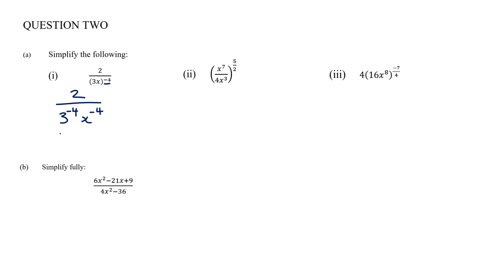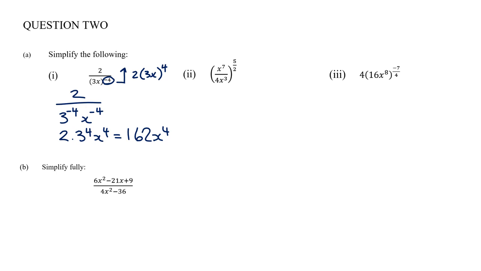But ultimately that's just 2 lots of 3 to the power of 4, x to the power of 4, which is 81 times 2, 162. Happy with 162 x to the power of 4? So that negative there means it goes from the denominator to the numerator. Or if it was a numerator, it would go to the denominator.